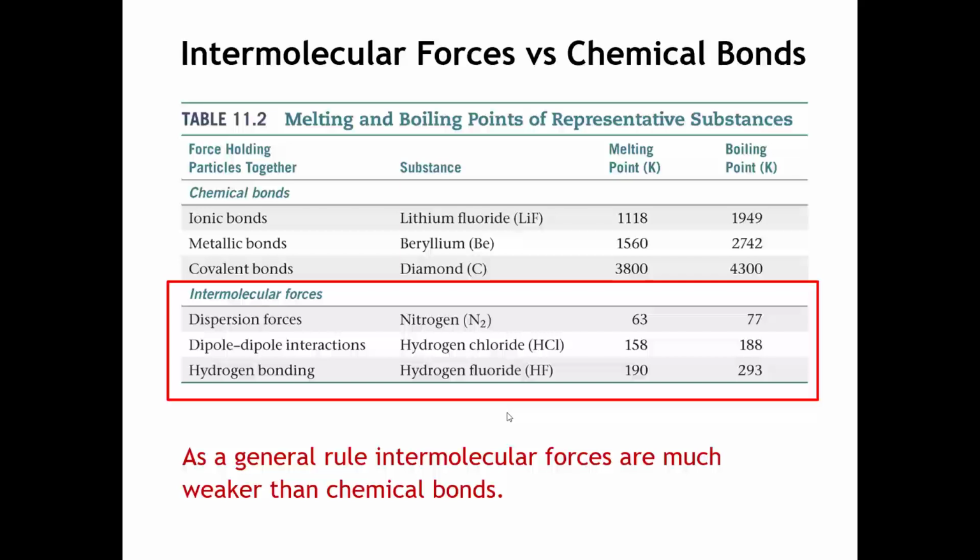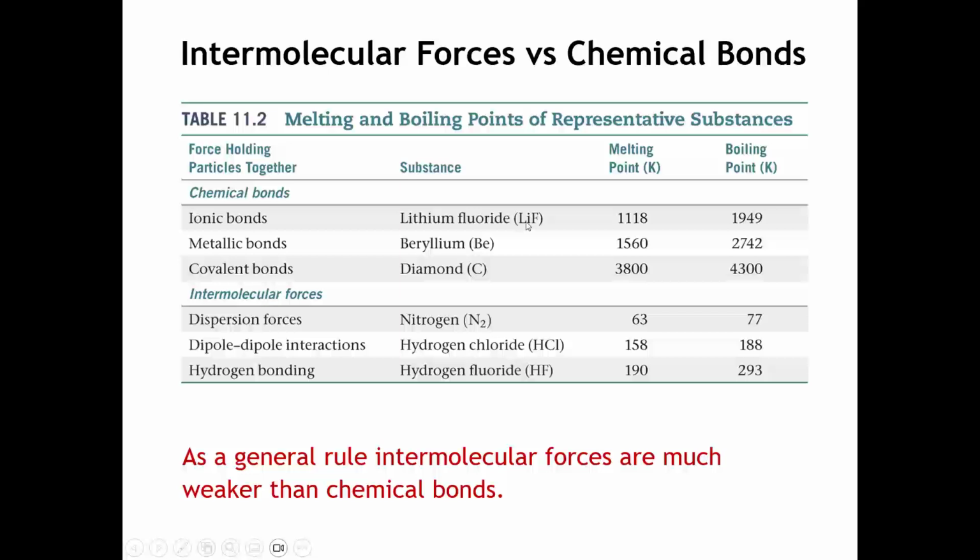But then we have only intermolecular forces between molecules. And it is the intermolecular forces that are going to control things like the melting point and the boiling point. Right? For nitrogen to become a gas, you don't have to break apart the nitrogen molecule. You just have to overcome the forces of attraction between neighboring molecules.